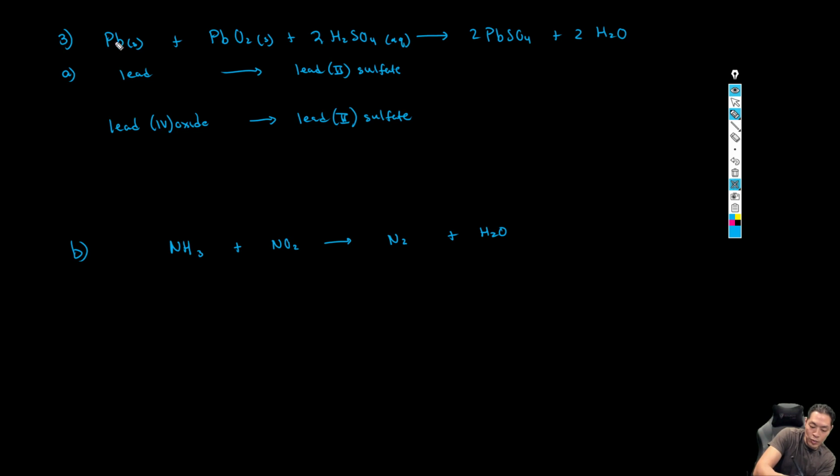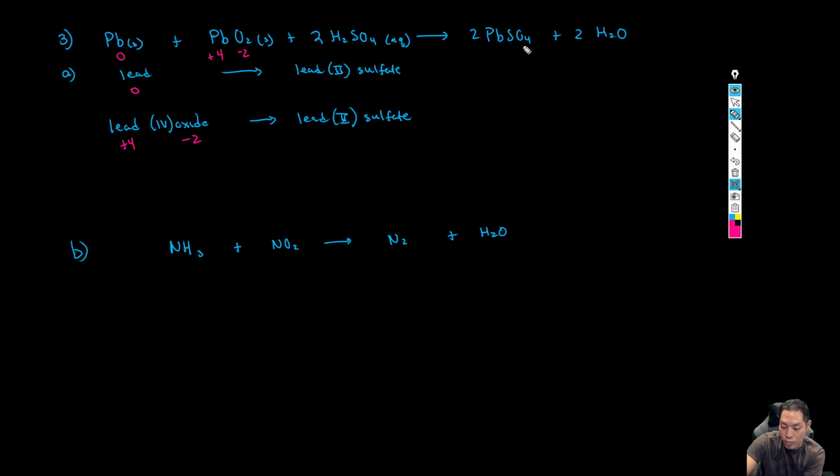So lead, if we look at this one, which is right here, lead is Pb, so that one has a charge of 0. Lead oxide here, this was -2. So 2 times 2, that makes this one positive 4. So this one is +4 and -2. They both will react with sulfuric acid and create the same product. But you'll notice that they're going to have different oxidation states.